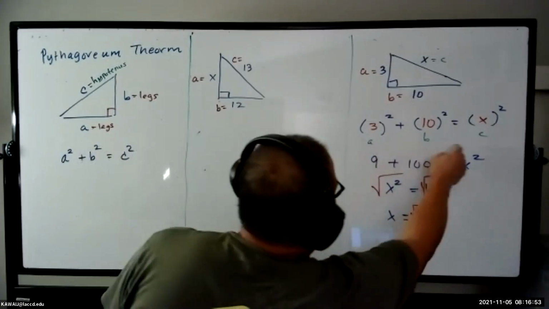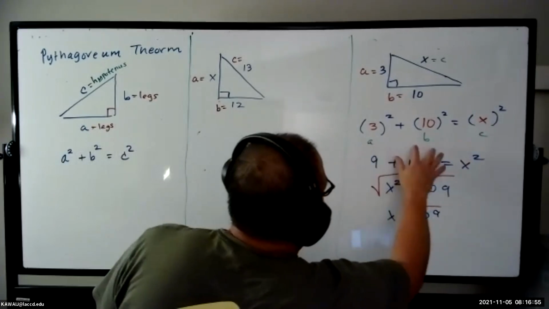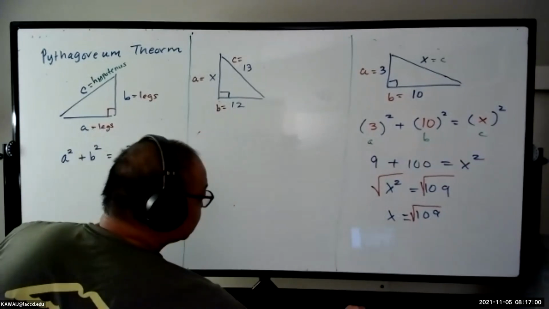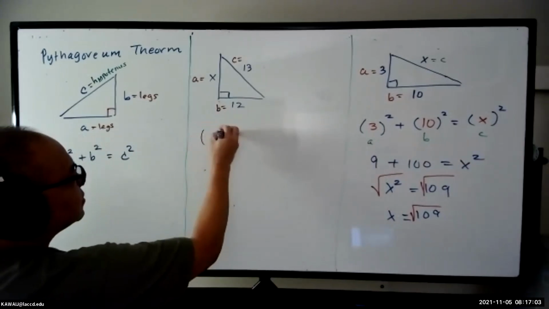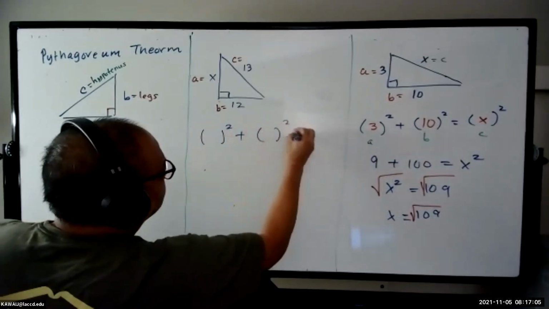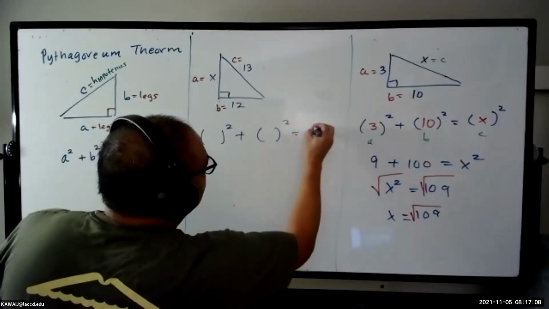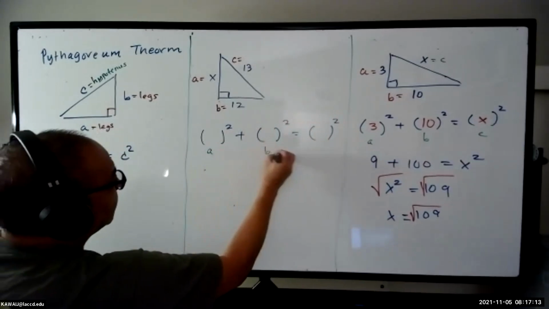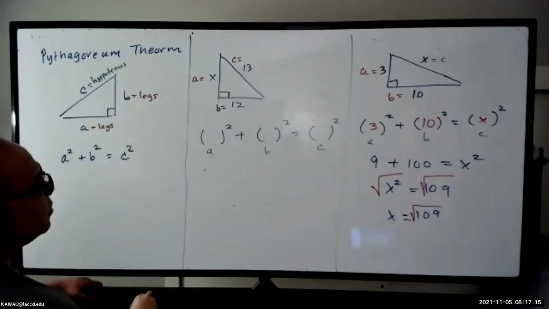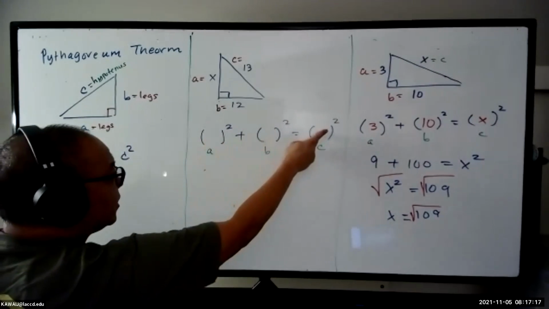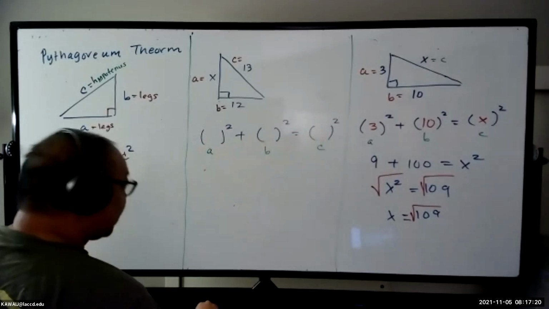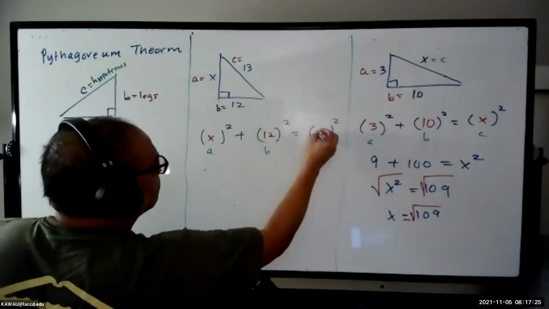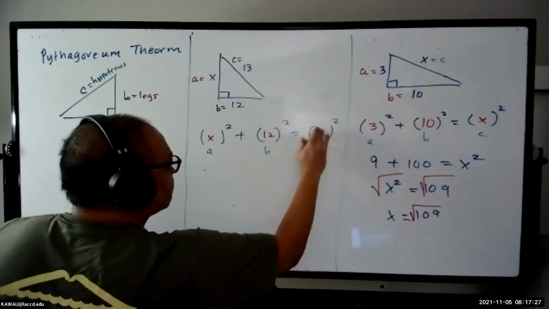But we're using this formula here, so we have to use this order of A, B, and C. So we're still doing something squared plus something squared is equal to something squared. And this is still an A, B, and a C. So the X is going to go here, not over here. So that's the part that you've got to be careful about. So we have X, 12, and 13. So go ahead and figure this out.